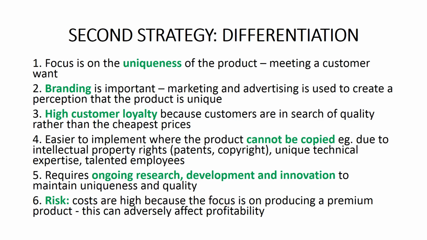And that's because if your costs increase considerably, then you can adversely affect your profitability. In contrast, the risk in adopting a lower cost strategy is that your products are associated with low quality. As I've said before, they may not be low quality, but there may be a perception amongst customers that if you're selling a product at a low price, then it must be a lower quality product.